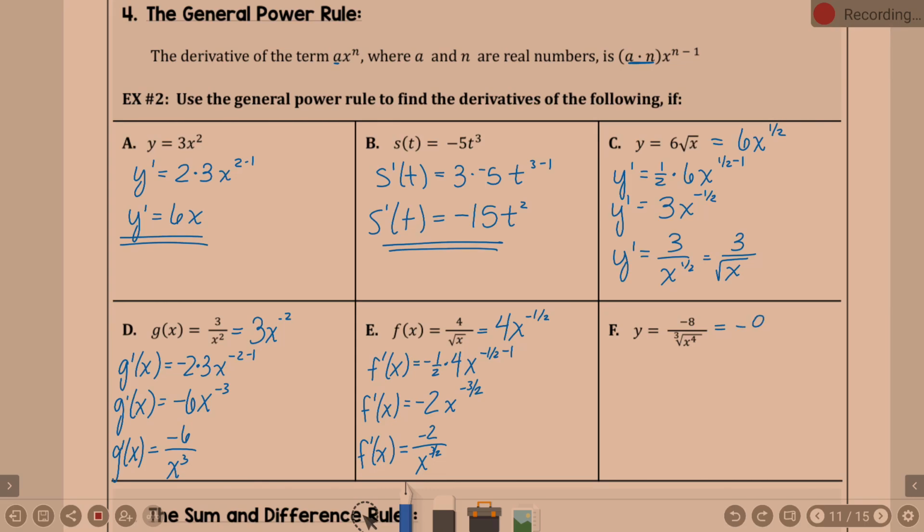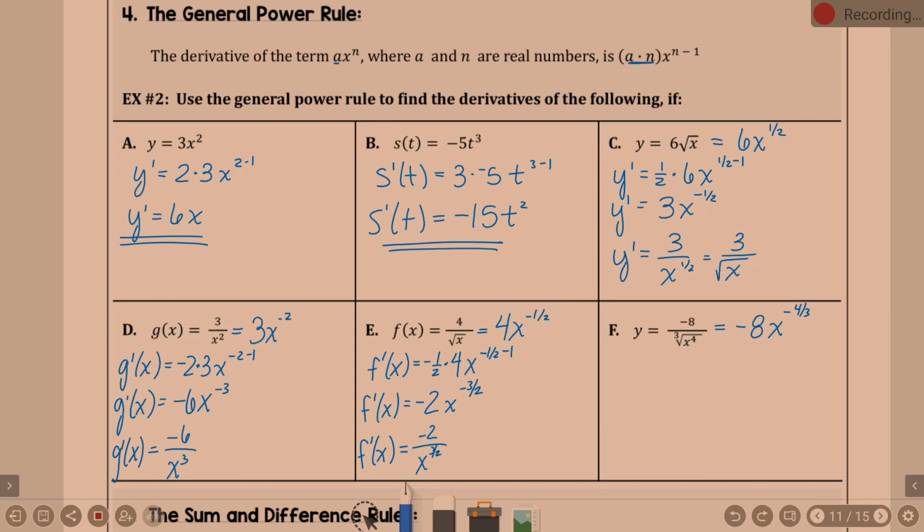This one is negative 8 x to the negative, what's the original problem here? 4 over 3. Which way did you say it? 4 over 3, because it's a cube root. I had a moment of hesitation myself.